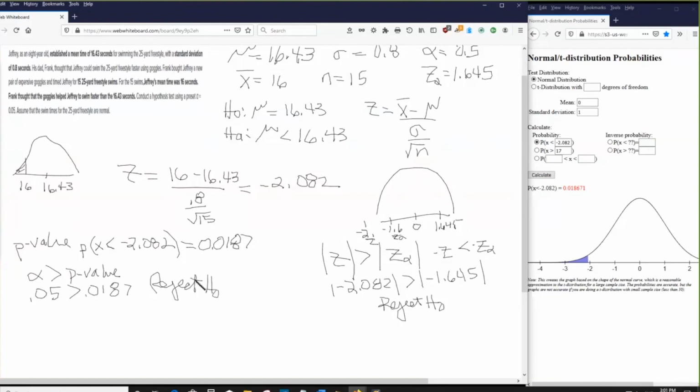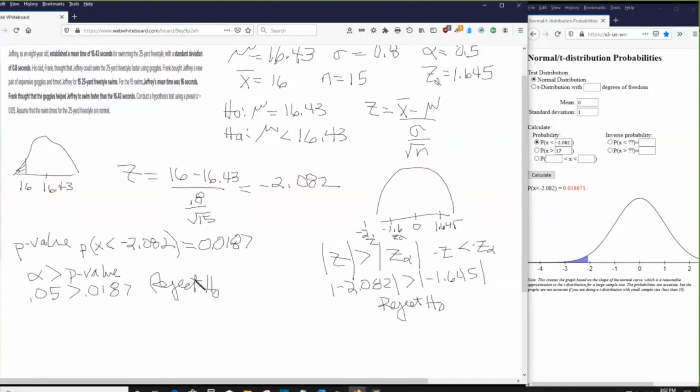So our interpretation is that if the null hypothesis is true, there is a 1.87% probability that Jeffrey's mean time is 16 seconds or less. Because that is such a small percentage, it's unlikely to have happened randomly. It's a rare event. So we're going to reject the null hypothesis because the probability value is small.